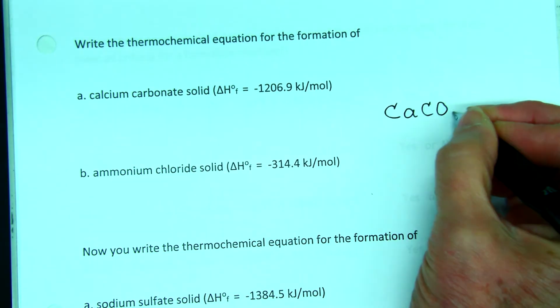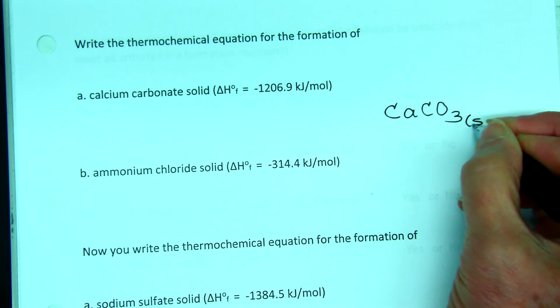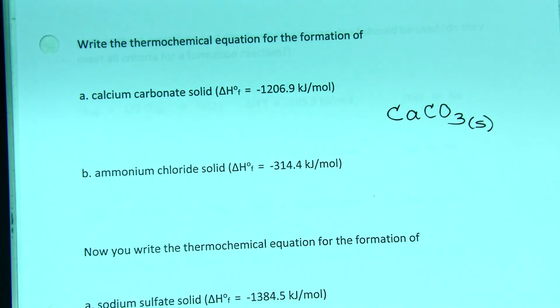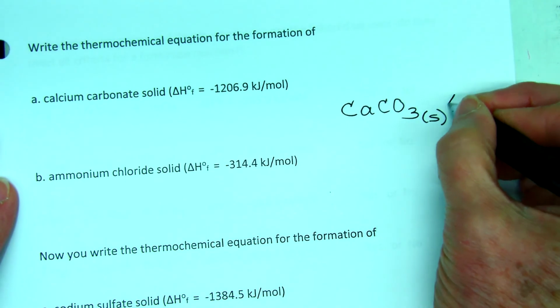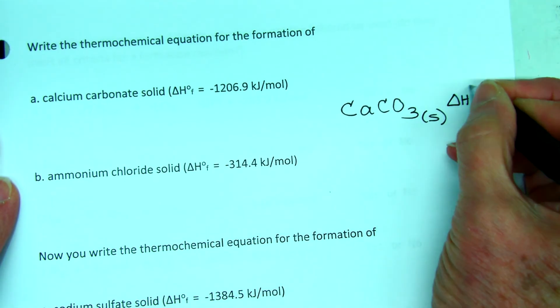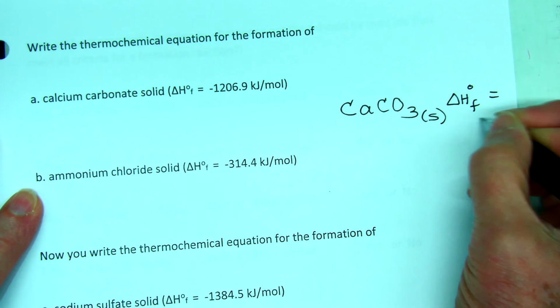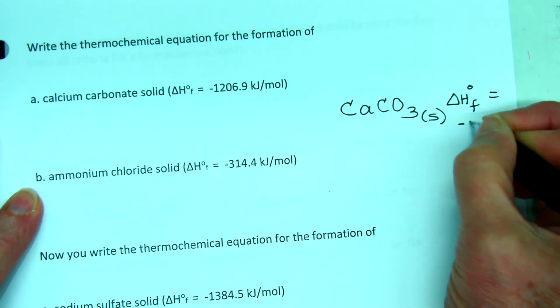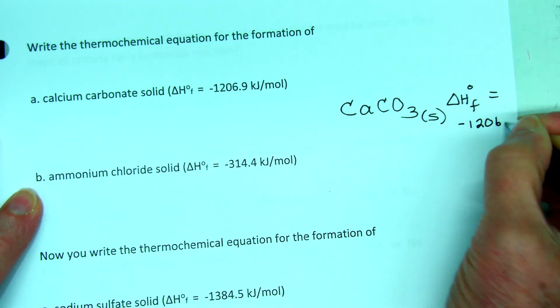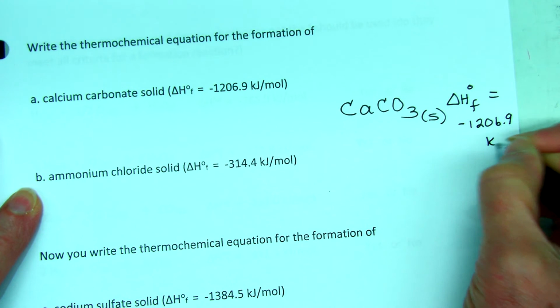I write the proper formula for calcium carbonate, include the subscript for physical state. In its natural state, calcium carbonate is a solid. Then I include the standard enthalpy of formation, negative 1206.9 kilojoules per mole.